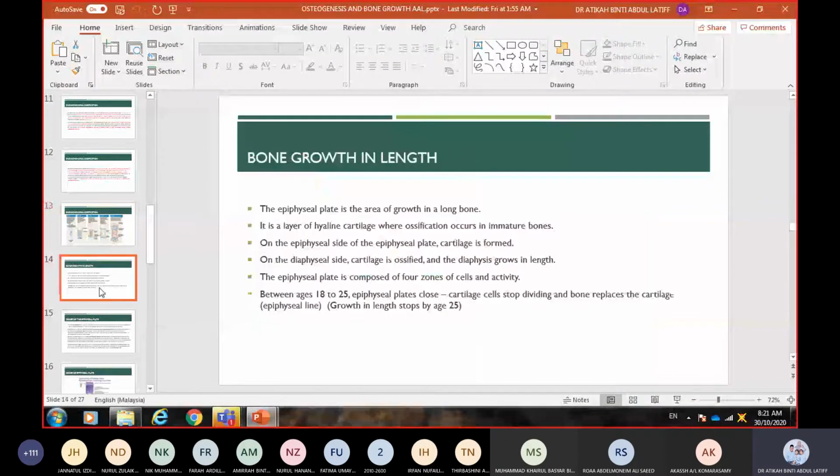Okay, so how about bone growth in length? So this is the actual start of formation of bone itself. So how does bone grow in length? Okay, so as I think I mentioned in the previous lecture regarding the epiphyseal plate. Okay, so if you look at the long bone, we have what we call the epiphyseal plate near the diaphysis.